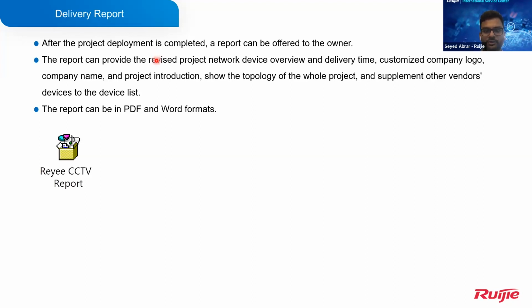You can give the overview of the project, change the logo of the project, give some introduction about the project and what the devices in the project are. There is a lot of information in the PDF or Word format. You can submit it to the owner of the project, like maybe the business owner. So how can we do this?